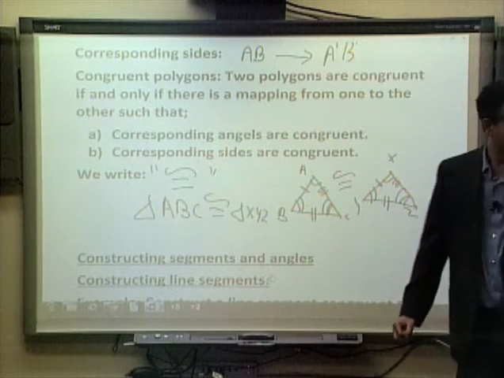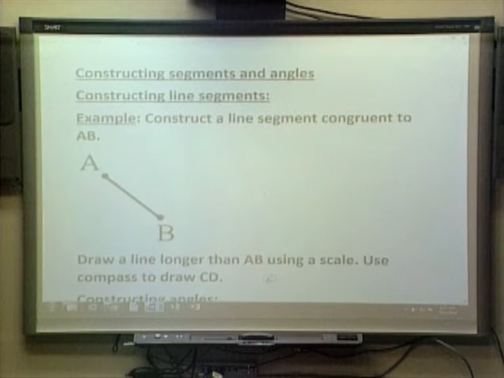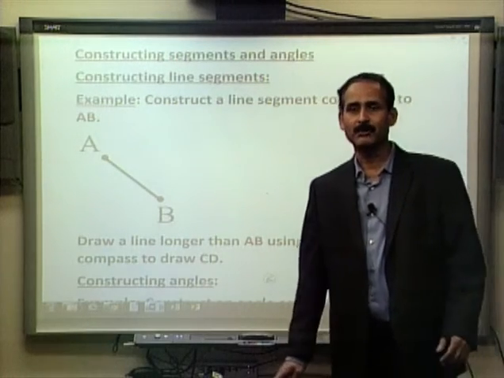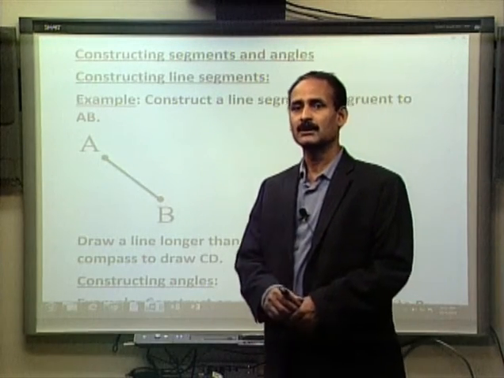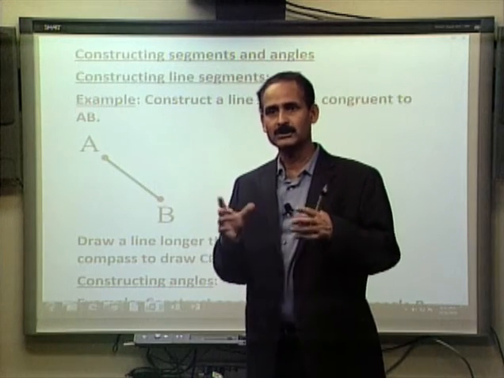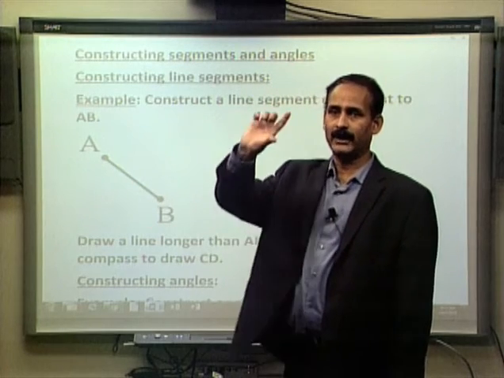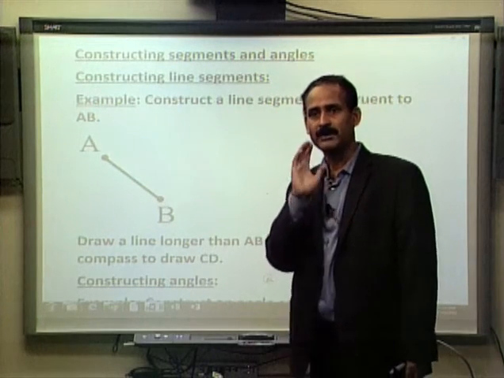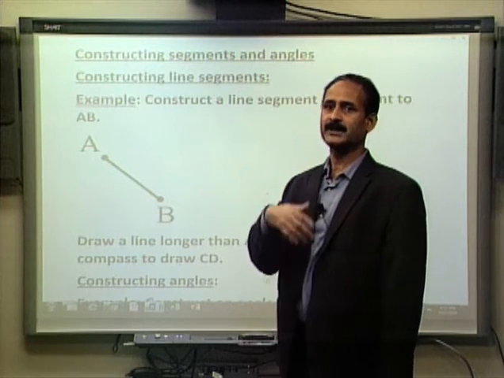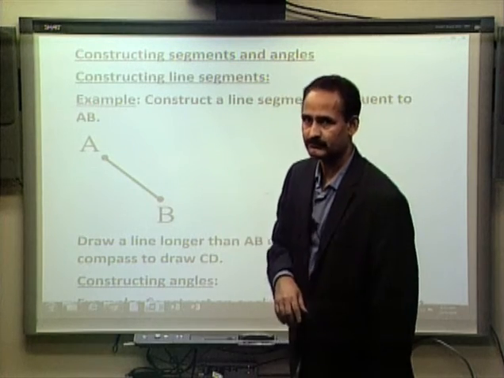Okay. So, the next concept we want to talk about is construction. When we are talking about construction in geometry, in order to construct things, we use the ruler and the compass. So, by construction here, I am saying constructing line segments and angles by using ruler and compass.